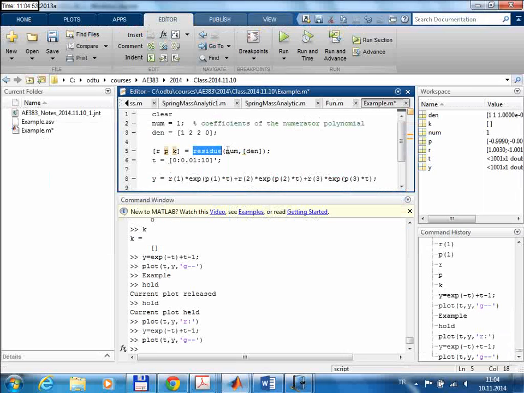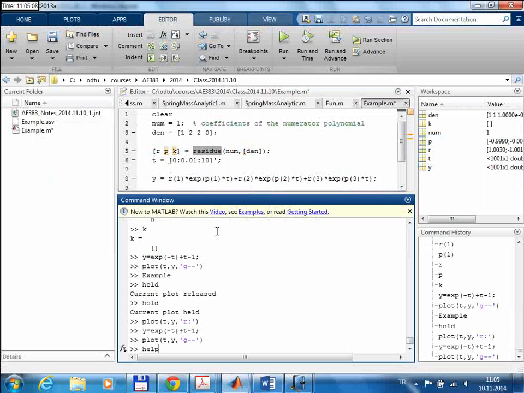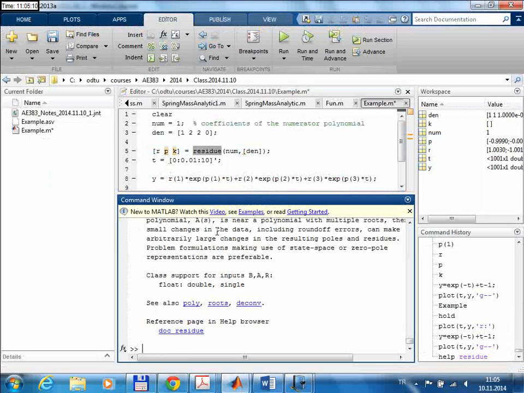I give it the numerator polynomial coefficients, the denominator polynomial coefficients, and as an output, Matlab gives me 3 things. So if you want to know what these 3 things are, you can just take a look at the help for this command by simply typing help residue.